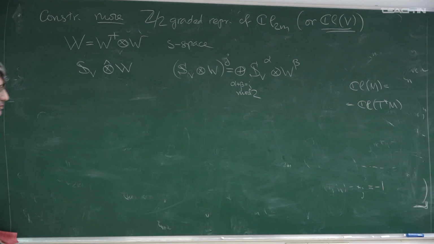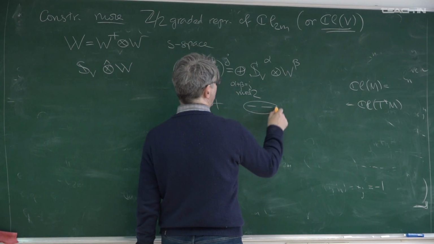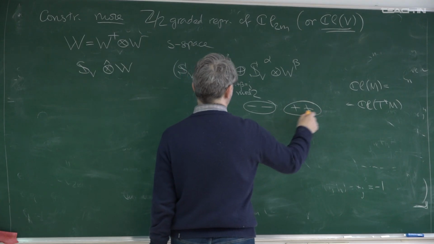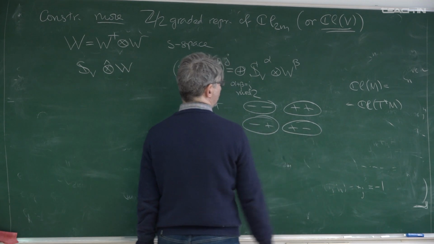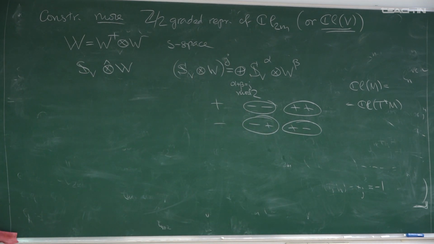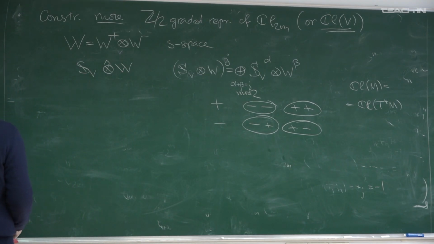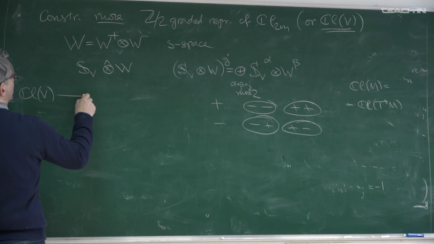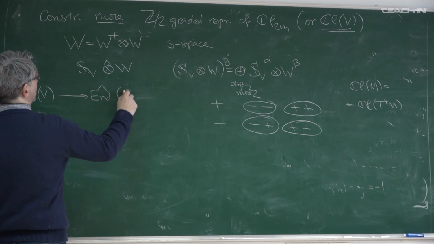As usual, if you want to write plus here, then you take two things: minus minus and plus plus. If you have minus here, you write two summands: minus plus and plus minus. So this is a graded space, and obviously Clifford of V is represented as graded endomorphisms of this thing.